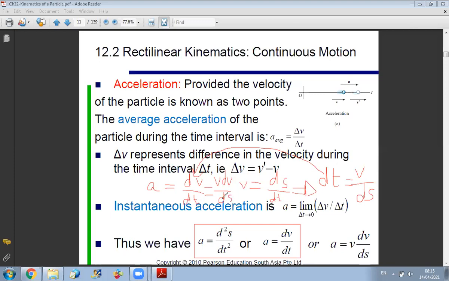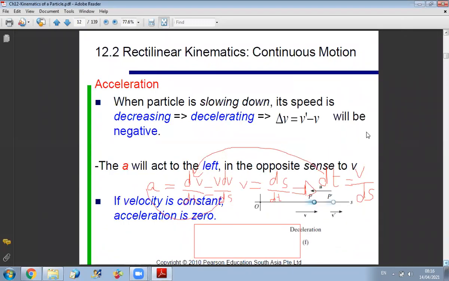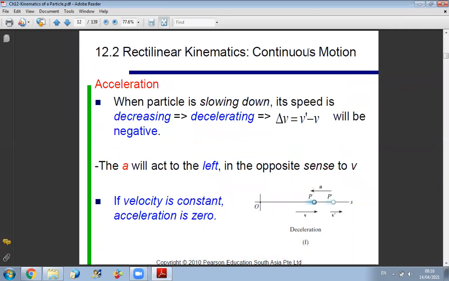So taking ds to the other side, I will get a ds equals v dv. And you will see, depending on the problem, which relation to select. Okay. Now, when we say that we have acceleration and when we say that we have deceleration, who knows?